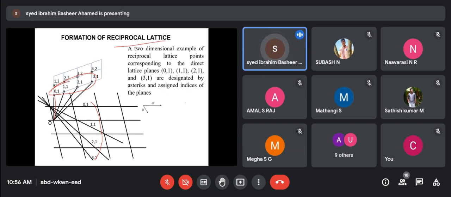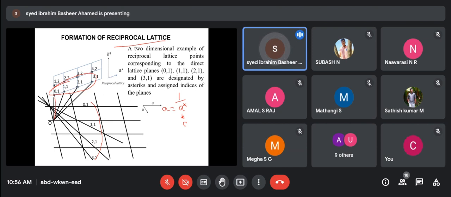In the normal lattice, you have parameters A, B and C. The reciprocal lattice points are indicated with an asterisk: A star, B star, C star. A is equal to 1 by A star, because they have an inverse relation. The same is true for all the other axes.